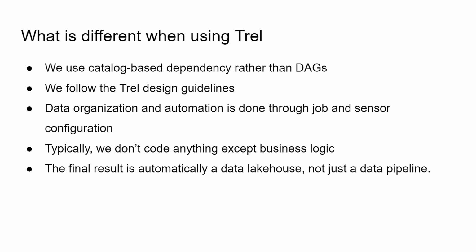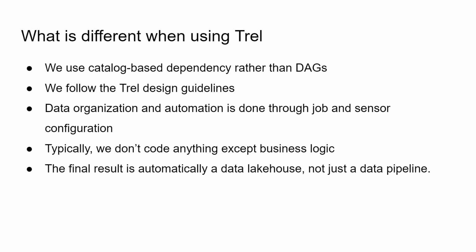So when we use Trel rather than Airflow or DBT for this, how is it different? The main difference is we use something called catalog-based dependency rather than DAGs. In catalog-based dependency, sensors do not trigger jobs. Instead, sensors add paths to the data that they found or that they loaded into the catalog with certain classifications.